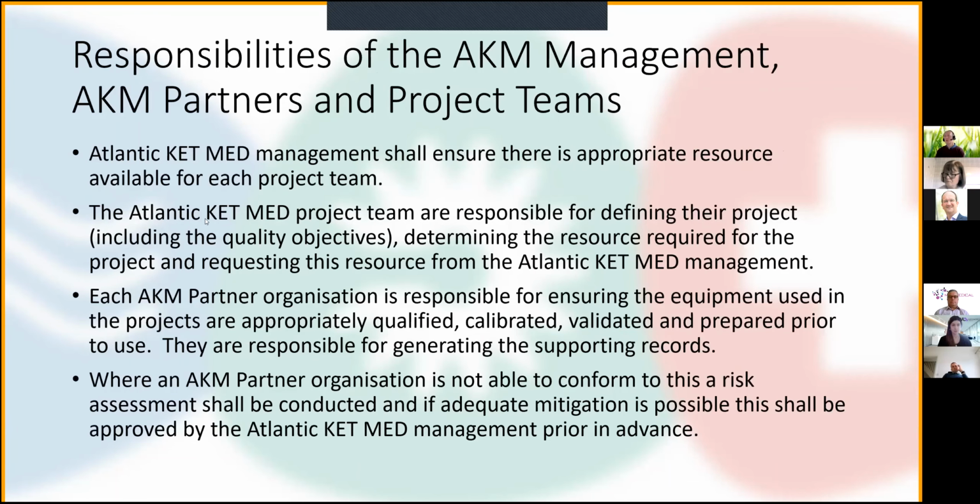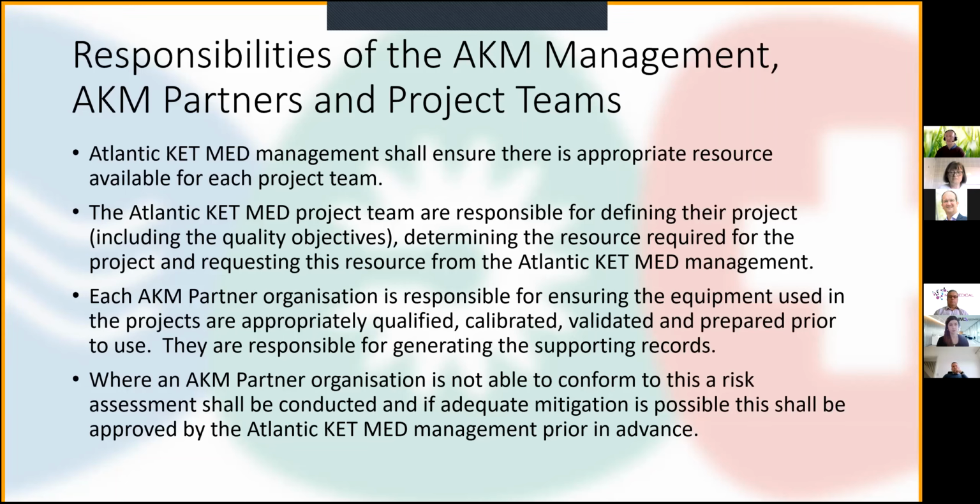It defines the responsibilities of the management, the partners, and the project team. And where a partner organization is not able to conform to this, a risk assessment can be used. And when appropriate mitigations are identified and made possible, then the project can continue.